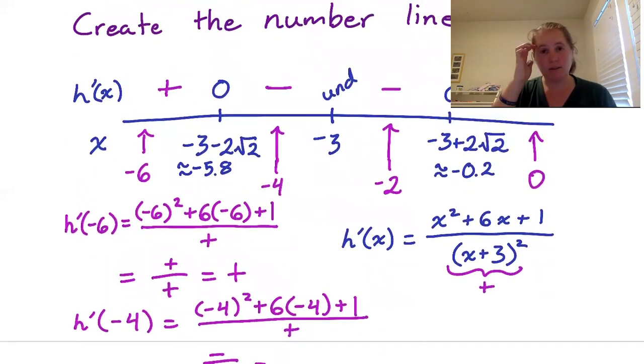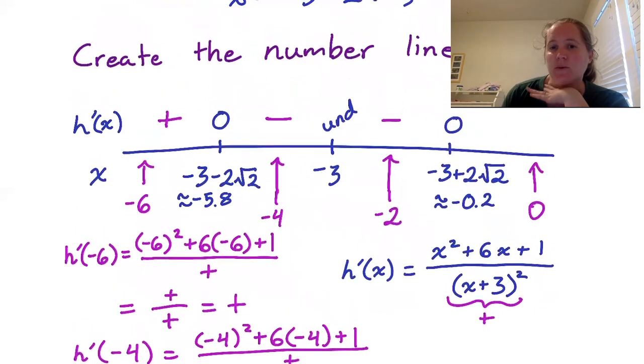So again, as I mentioned in the previous problem, the only place where we don't switch signs is if we have a repeated root or a repeated place of undefined. So that x plus 3 squared, that's where the negative 3 came into play. But since it's squared, it's not going to switch signs as we pass through it.